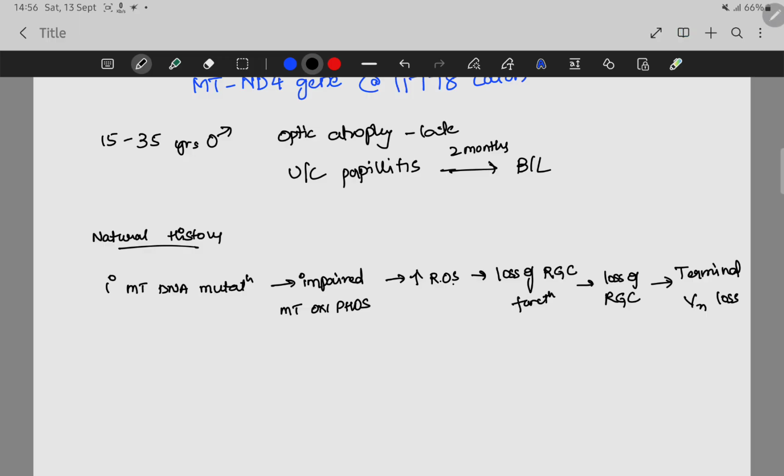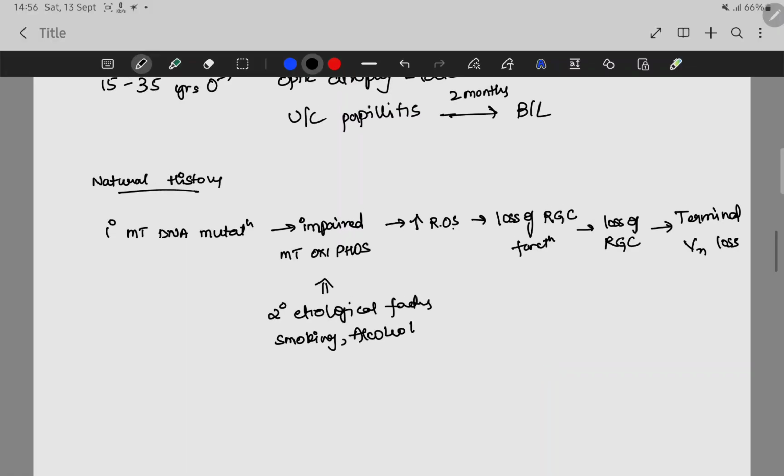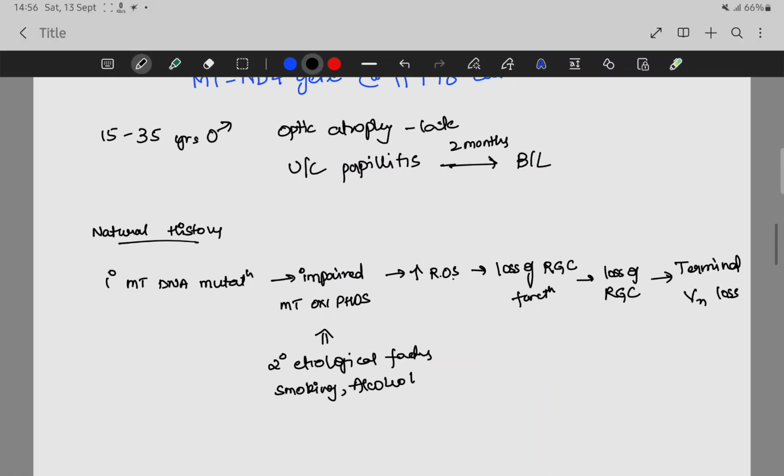These are secondary etiological factors such as smoking and alcohol. This is important because it helps in treatment planning.